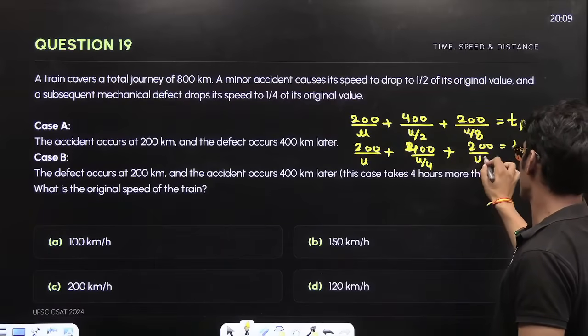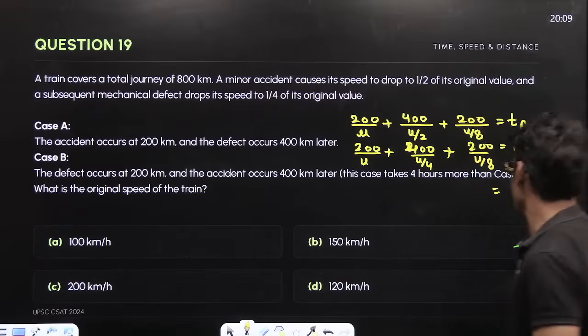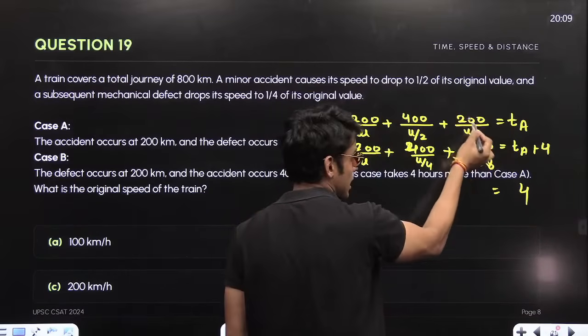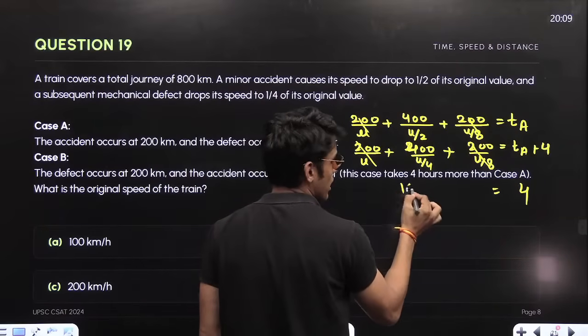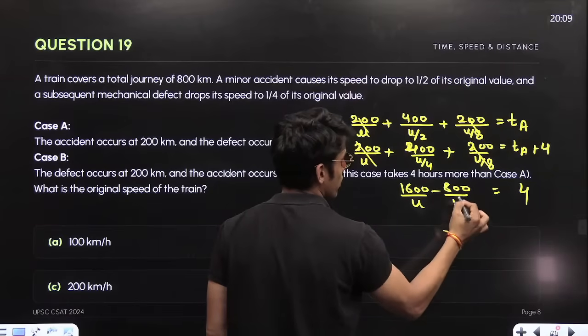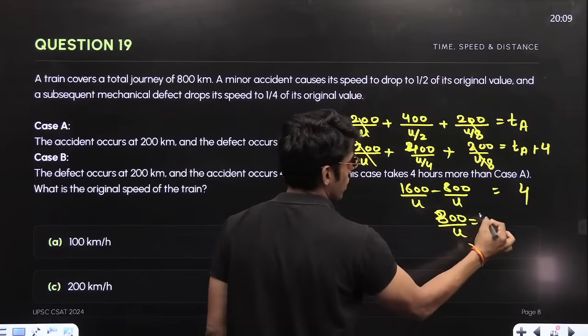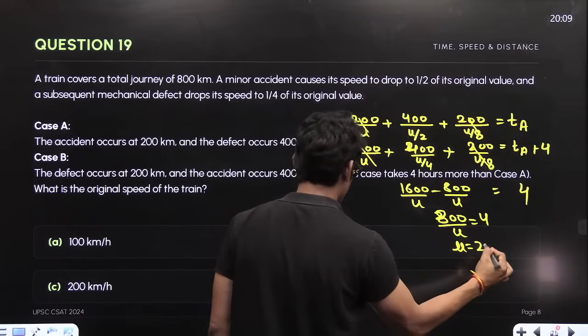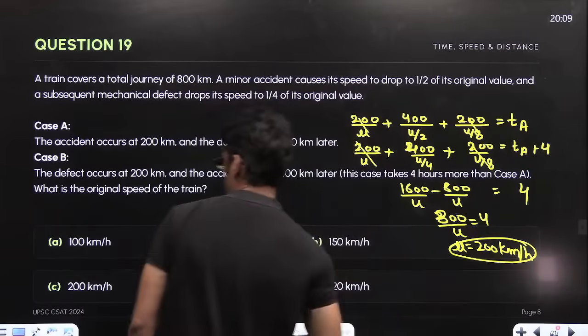Again, u/8. So basically, you just have to subtract these equations. This factor is getting cancelled. So what are you getting? 1600 by u minus 800 by u. So this is 800 by u equals 4. So your u becomes 200 kilometers per hour, which is option number C.